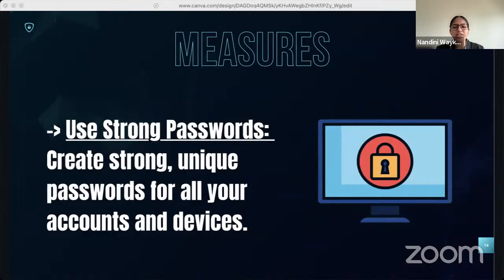We should avoid easily guessable passwords such as 1234, your birth date, or just your name, and consider using a password manager to securely store and manage your passwords, so that you can keep your sensitive information and data safe from hackers or cyber threats.